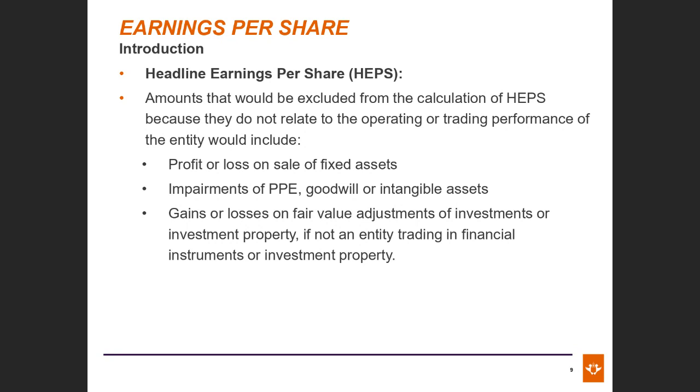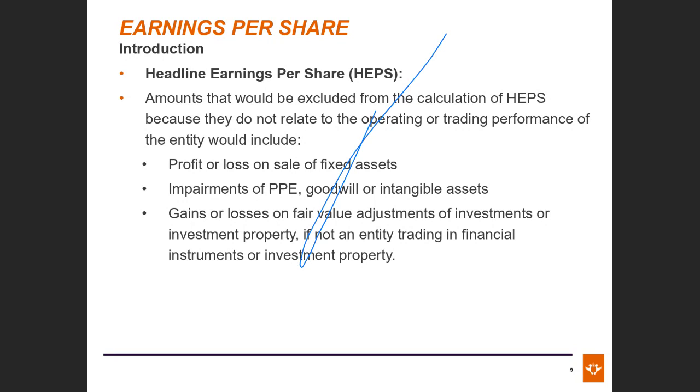We would also need to strip out or exclude impairments of PPE, goodwill, or intangible assets when we calculate our headline earnings per share. Also, if a company has gains or losses on fair value adjustments of any investments or investment property, if that does not form part of the trading of the company, then these amounts would also need to be excluded when we calculate our headline earnings per share.